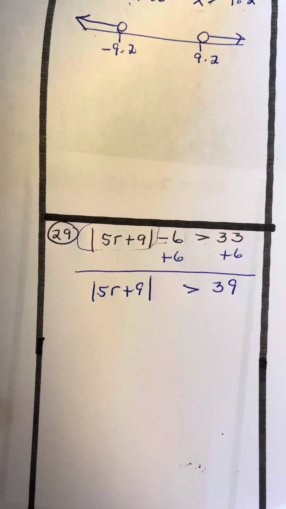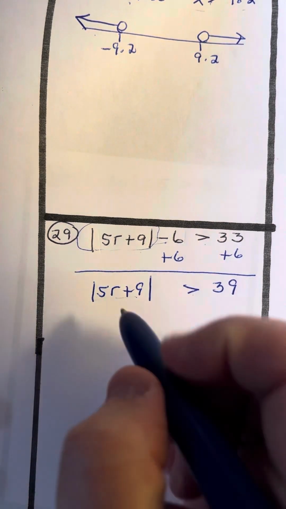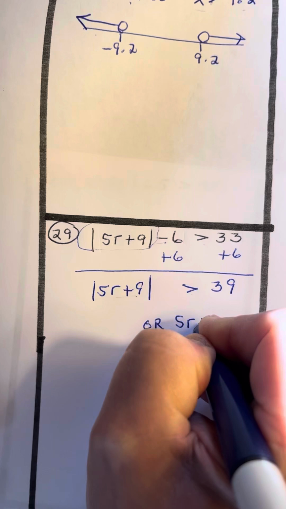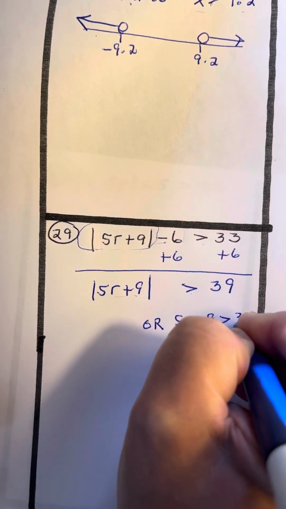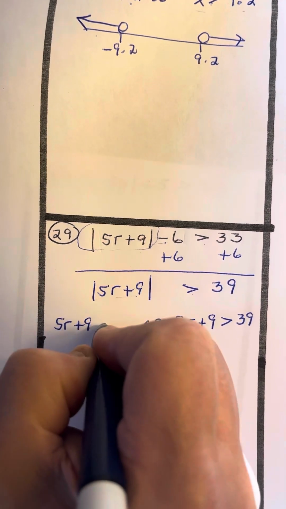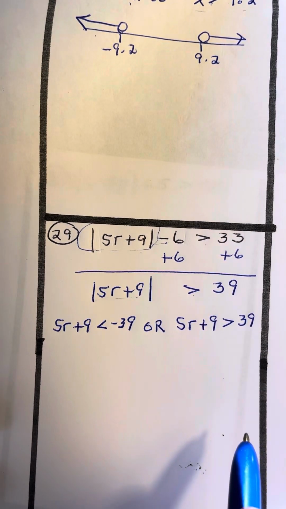In the last examples, it was already alone. Next, it's an absolute value greater than. Two separate equations. One is the same, and one is the opposite. And then solve each one.